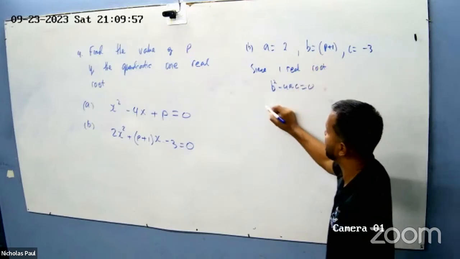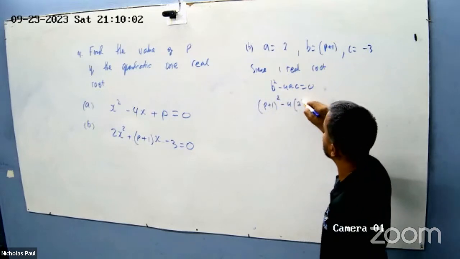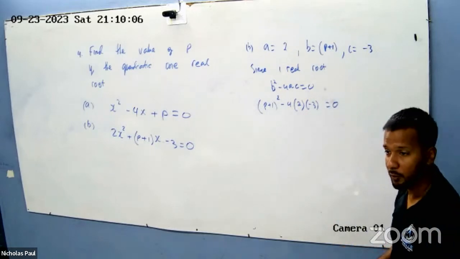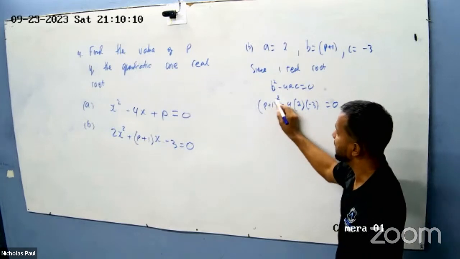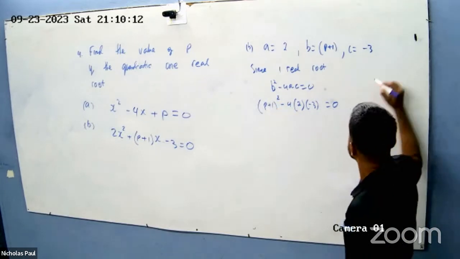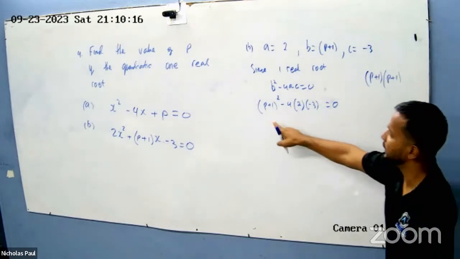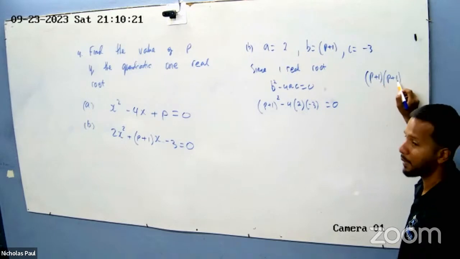Now we can start to substitute. p plus 1 squared minus 4 times a times c is 0. When you square this out, just to remind you how to do this, p plus 1 squared is p by p, p by 1, 1 by p, 1 by 1.